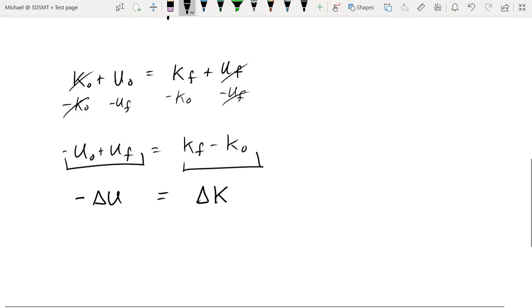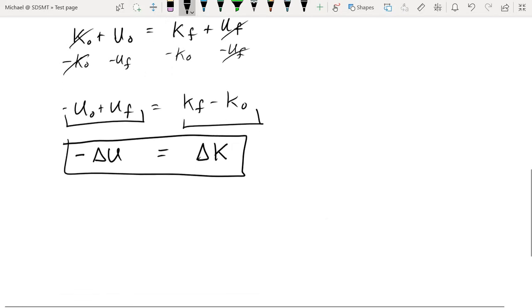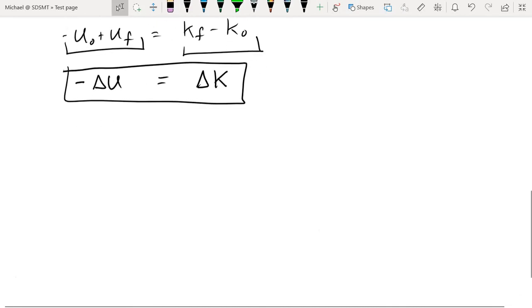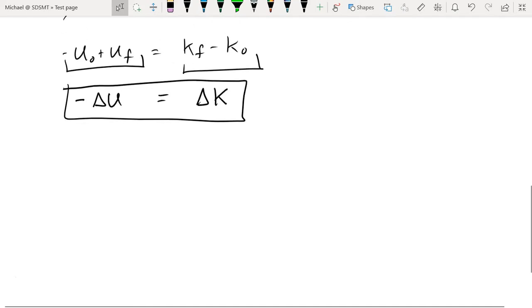And so if I apply a negative, then I get a delta U. And so now I have what was just mentioned about a minute ago, that any change in the kinetic energy will have to be equal and opposite to the change in the potential energy for the system.